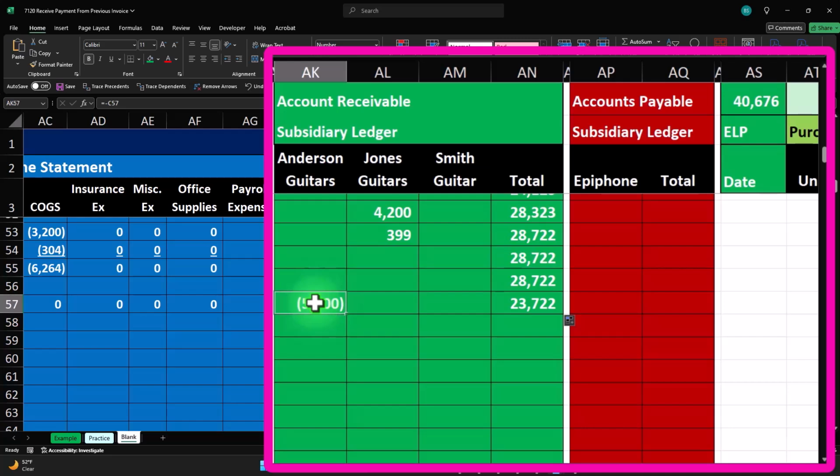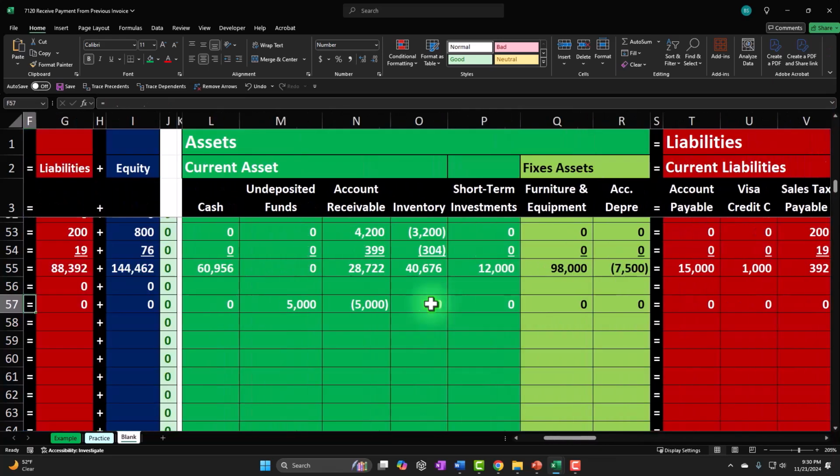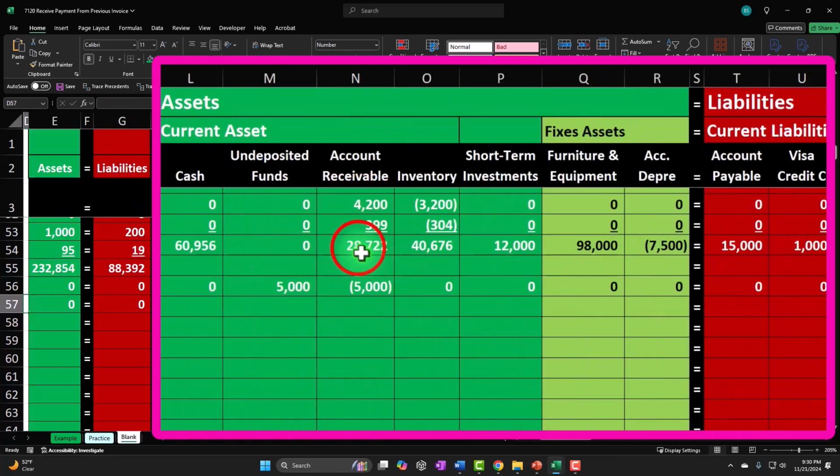So it gives you another extra tie out, and then it'll link to the received payment. So you can really tie it out even more detailed than even the subledger. But this is the general idea. Our total subledger account now is 23,722, which should match what's in our account over here in the general ledger, which is 28,722 minus 5,000, 23,722.